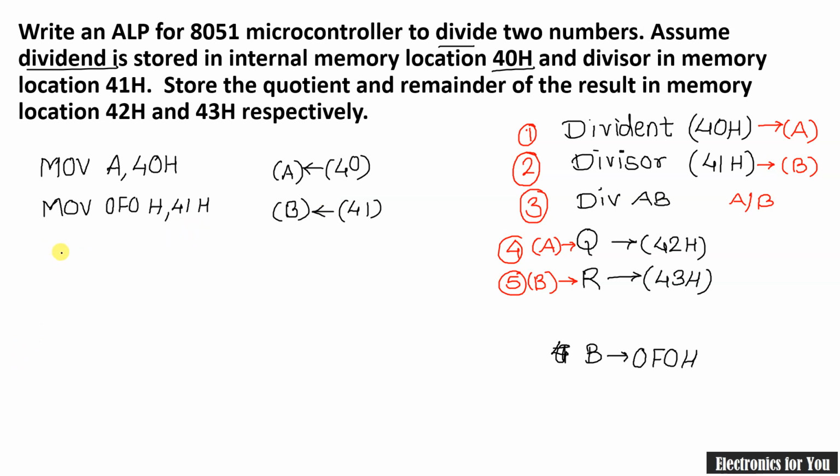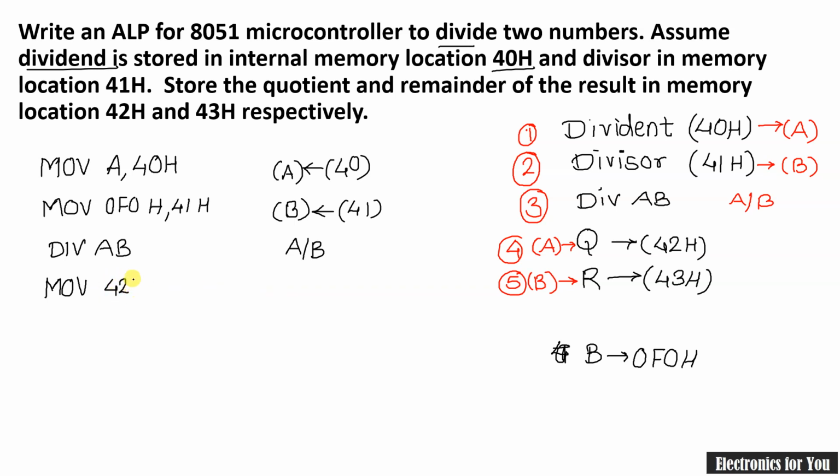The next instruction is the divide operation, that is DIV AB. After that, it simply means A by B, and automatically the accumulator will have the quotient. We have to store this quotient into memory location 42H, and therefore again we should use the MOV operation, but now our source is the accumulator and 42H is the destination.